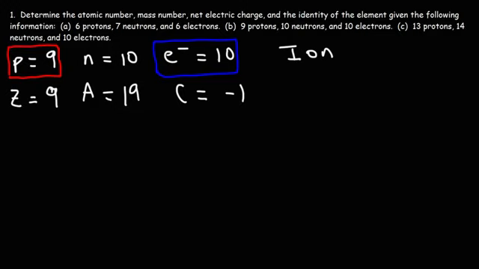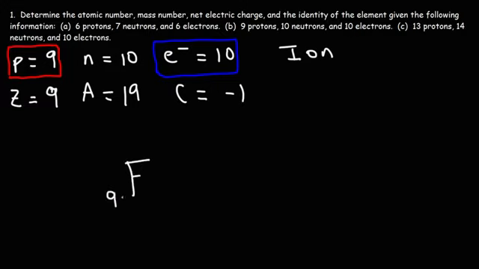The last thing we need to do is identify the element. So we need to look at the number of protons. Take a minute, go to the periodic table, and look for an element with an atomic number of 9. Look for the lower of the two numbers. And you should see that this is fluorine.